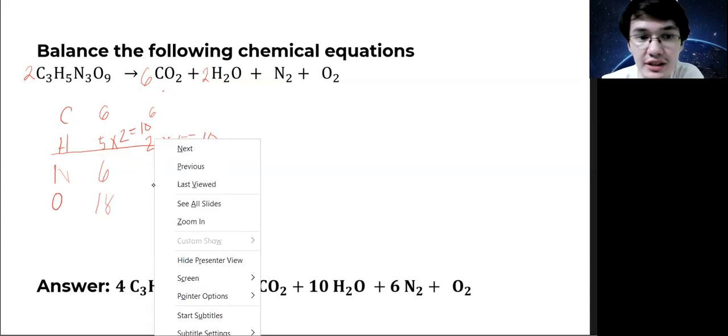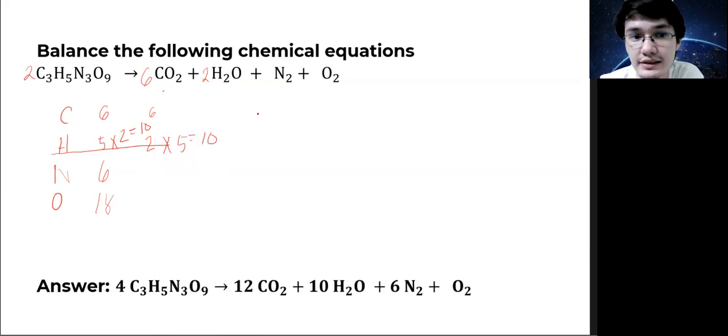So mausab na sa atong product side na numbers. So kung 6 ni siya, i-multiply na lang nato og 3 para na-tay 6 nitrogen atoms. So equal na po siya. Sa carbon 6, so 6 times 2, 12.